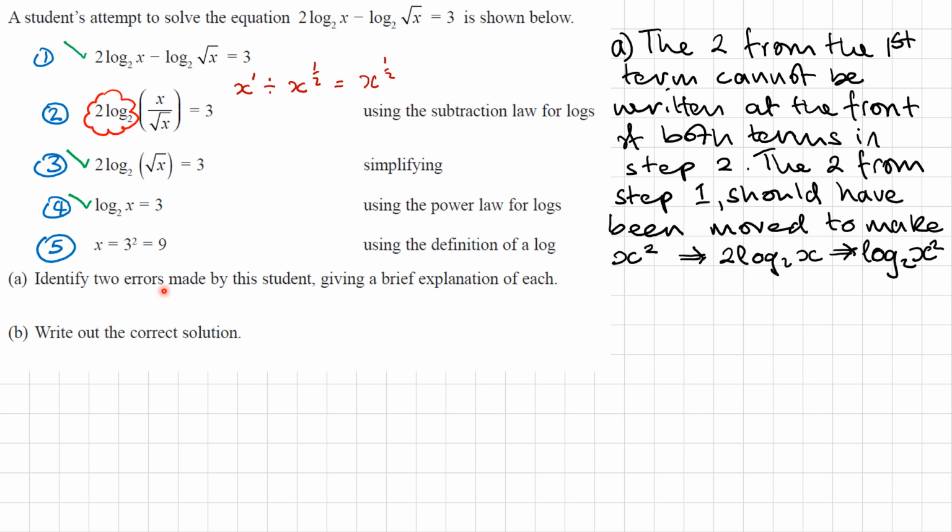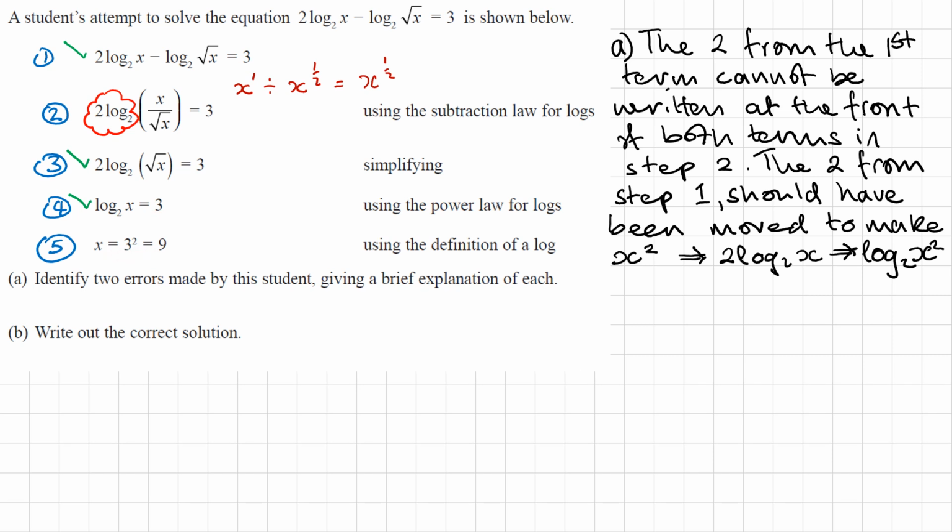If there are 2 errors, we've only identified 1 so far, and it's saying x is equal to 3 squared, which is 9. Now this is where the other error is. The base is 2, so that means it's 2 to the power something, and it's 2 to the power 3. So it should be x is equal to 2 to the power 3, not 3 to the power 2.